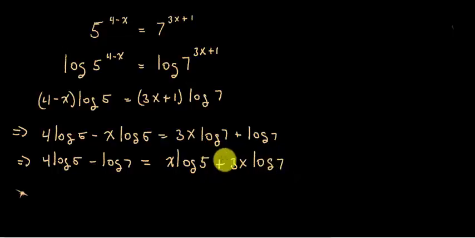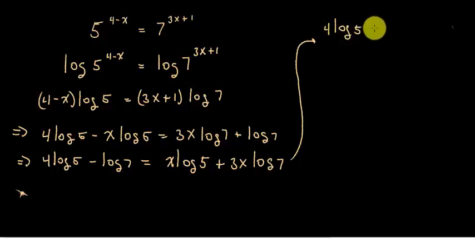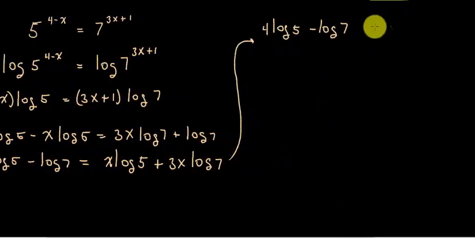Okay, so now I'm going to come up here and give myself a little extra room. What I'll do here is factor out the x, and so my equation becomes 4 log 5 minus log 7 is equal to x times 3 log 7 plus log 5, right?